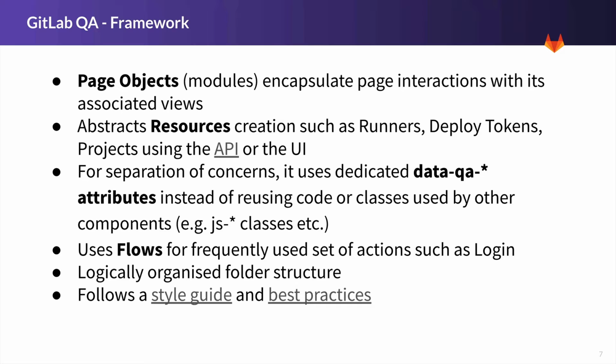We have, as I mentioned, specific selectors that are used in the associated views. These are the data-qa attributes, and this was for a separation of concerns, meaning that when the front-end code changes, if we were using classes or other kinds of selectors, we would be risking having deprecated selectors pretty fast.